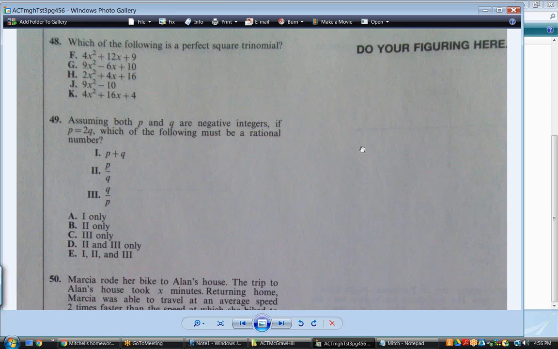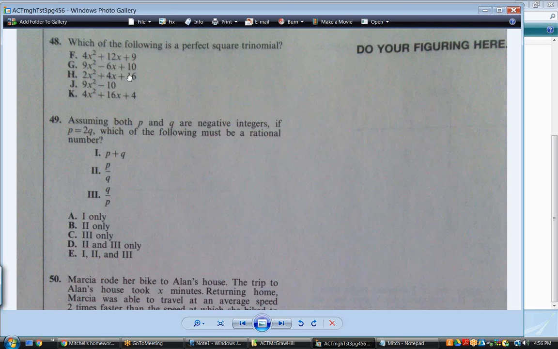In other words, spend your time, and I would tell this to anybody no matter how smart they were, getting the easy and the medium problems and put the hard ones off until you've done all the medium and the easy. And then if you still have time on the test, you can do the hard ones. But prioritize your time.